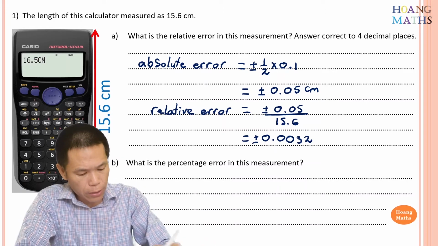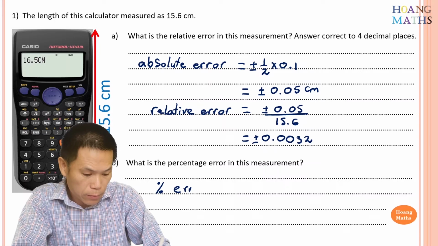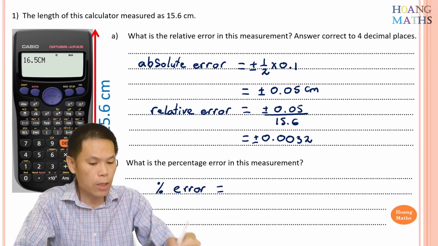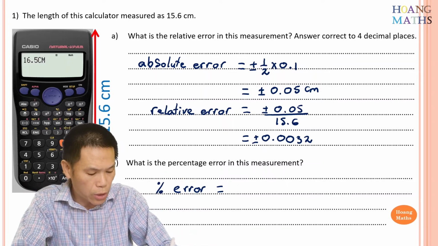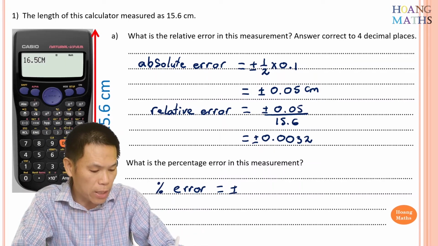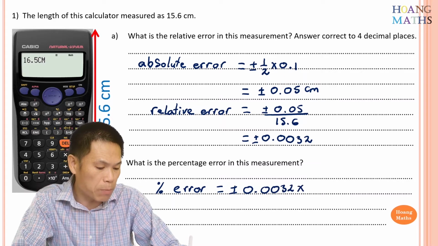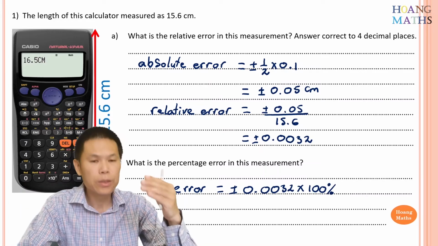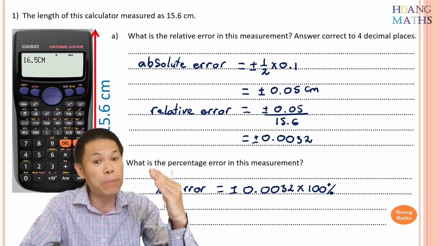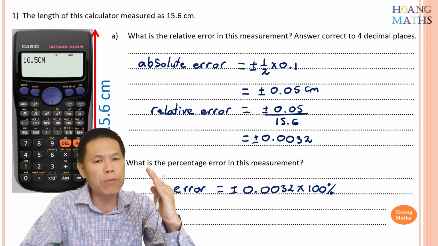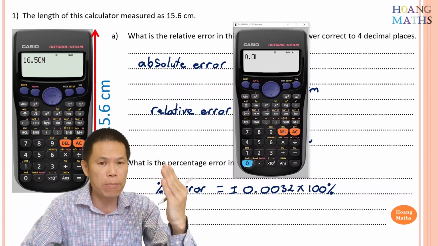So let's write here: percentage error is equal to plus or minus the relative error, 0.0032, times 100%. Make sure you put the percentage sign next to the 100, because times by 100% means times by 1. Every time you times by 100%, you times by 1 only. So remember that for me.